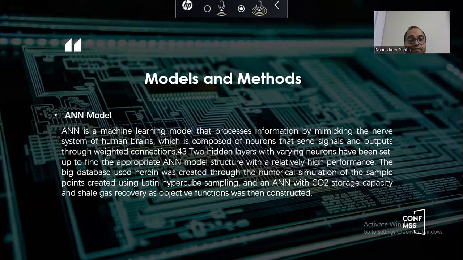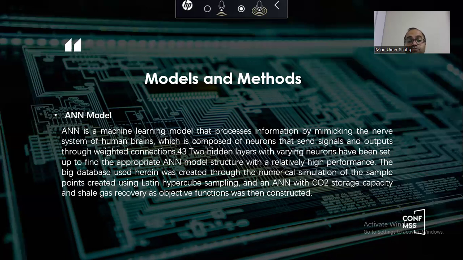Then you come to the ANN model. The ANN model is a machine learning model. It's an artificial neural network that processes information by mimicking the nervous system of the human brain, which is composed of neurons that send signals and outputs through weighted connections. Two hidden layers with varying neurons have been set up to find the appropriate ANN model structure with relatively high performance.